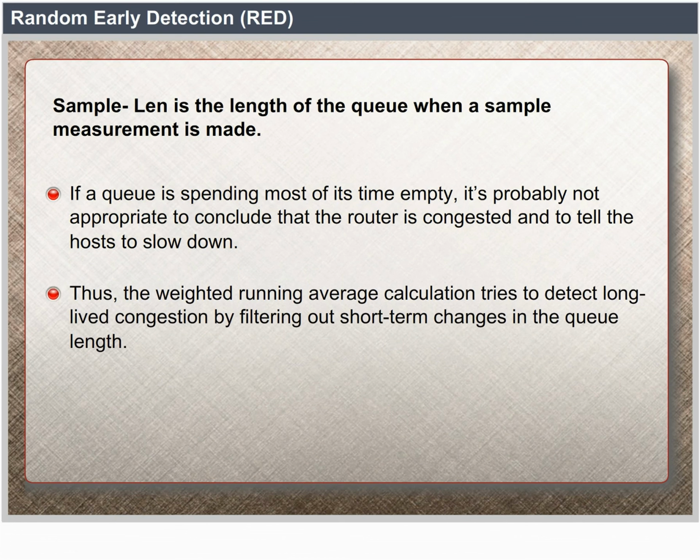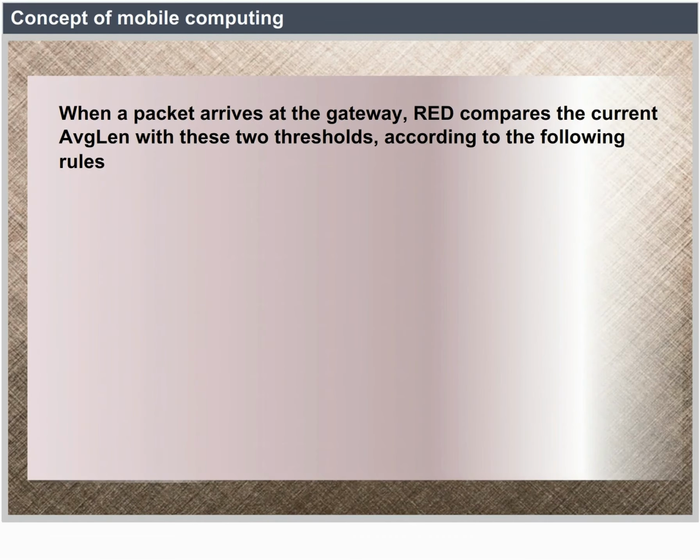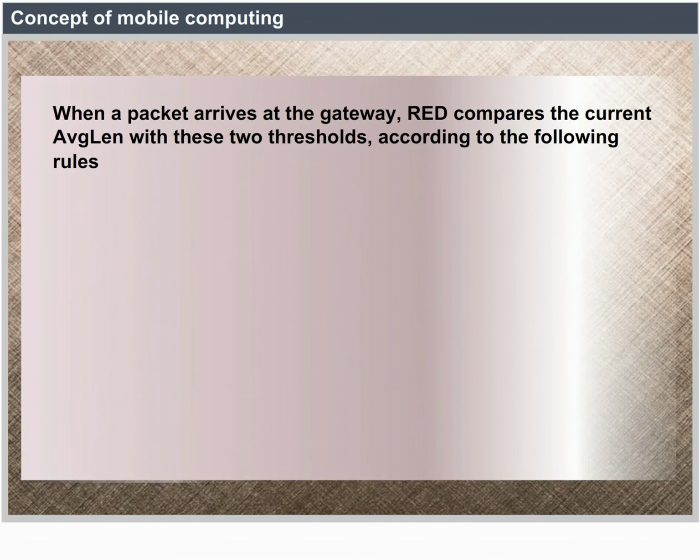Second, RED has two queue length thresholds that trigger certain activity: MinThreshold and MaxThreshold. When a packet arrives at the gateway, RED compares the current average queue length with these two thresholds according to the following rules.